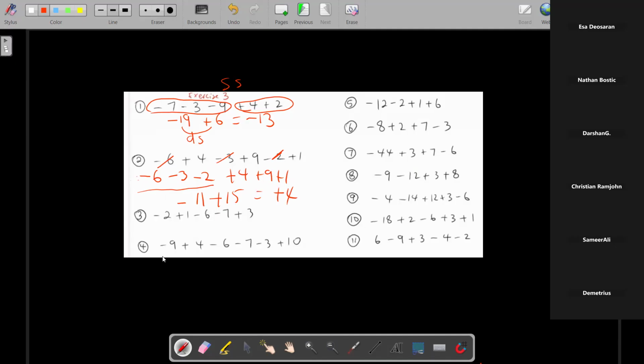Isa, Saran, you can do number 3 for us. Yes, sir. So first we group any negatives: negative 2, negative 6, and negative 7. And then we group the positives, 1 and 3.